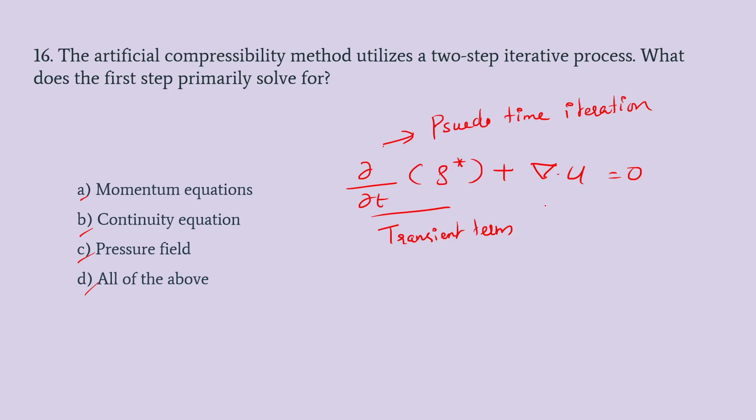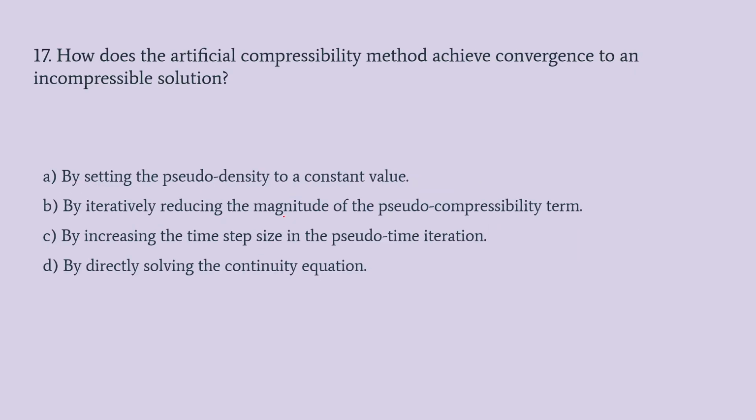Then only we can use it for converting the incompressible nature to compressible solvers. So we will be having a two-step iterative process. The pseudo time iteration step will be added to the normal iterative steps. This is being done in the continuity equation, option B. So option B is our answer.